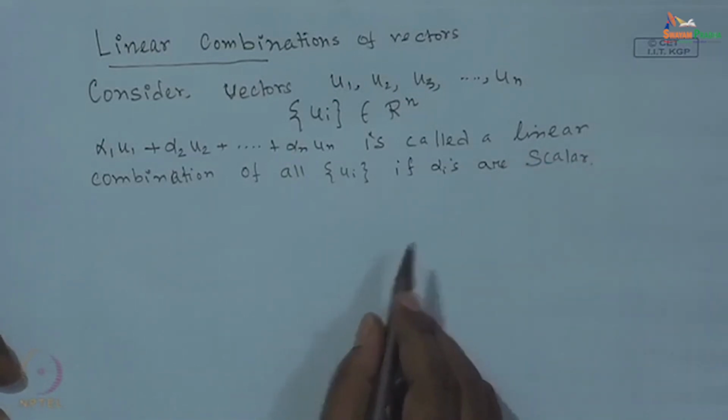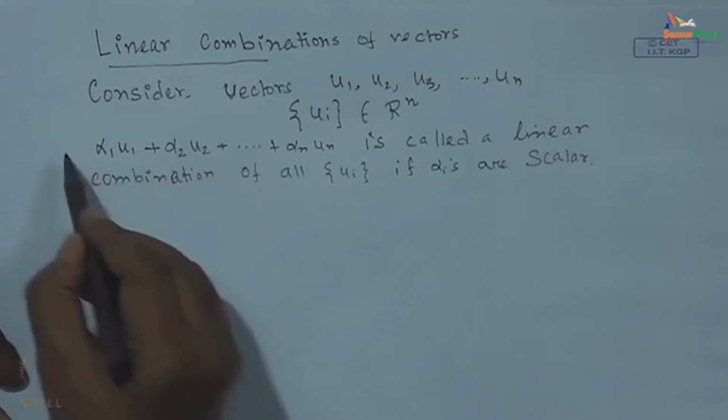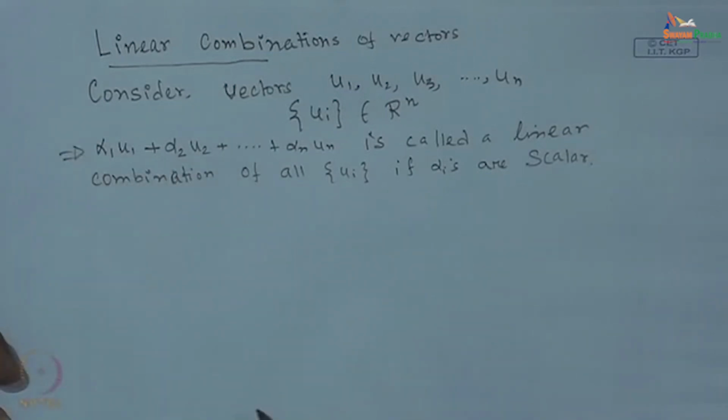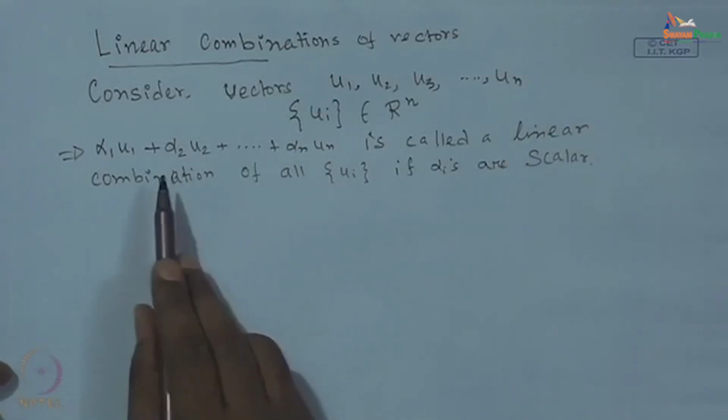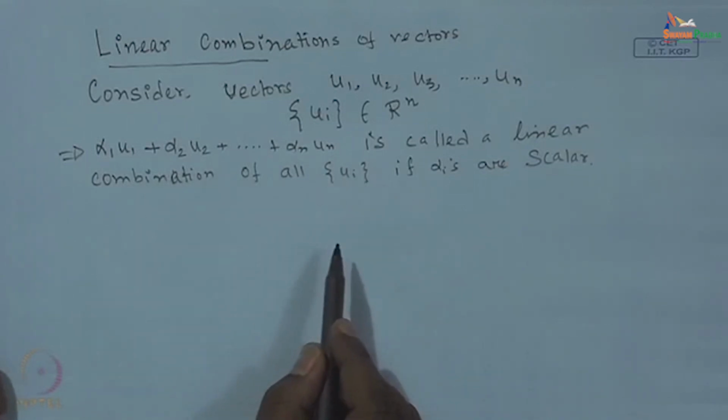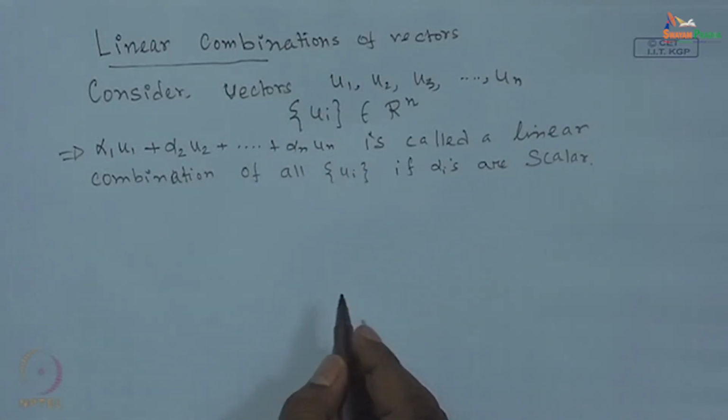So, this expression gives a linear combination of all the vectors u1 to un, and each vector is multiplied by a scalar, and if it is presented in a linear form, then this linear form is called a linear combination of all the vectors ui.